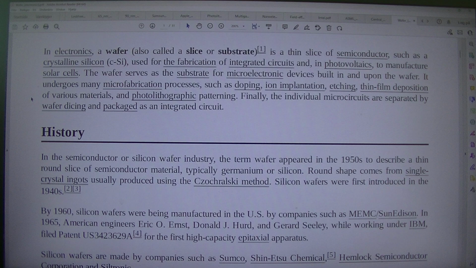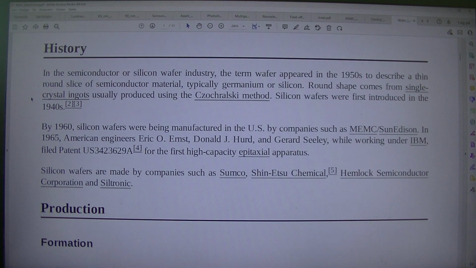History. In the semiconductor or silicon wafer industry, the term wafer appeared in the 1950s to describe a thin round slice of semiconductor material, typically germanium or silicon. Round shape comes from single crystal ingots usually produced using the Czochralski method. Silicon wafers were first introduced in the 1940s. By 1960, silicon wafers were being manufactured in the US by companies such as MEMC/Sun Edison.